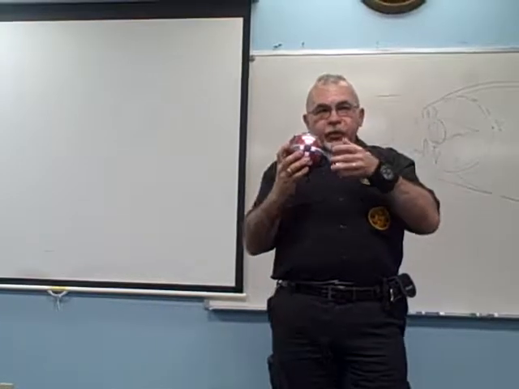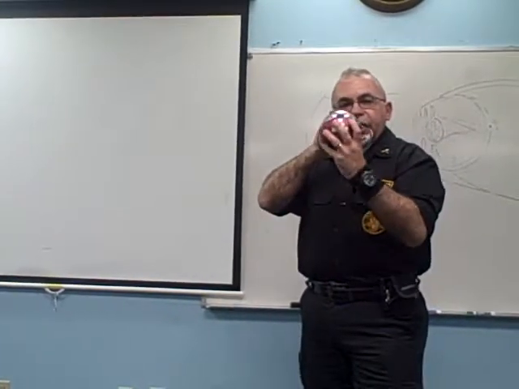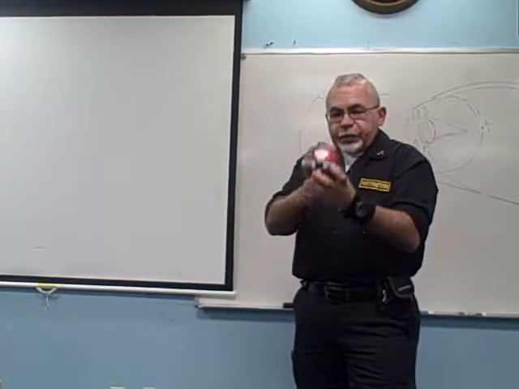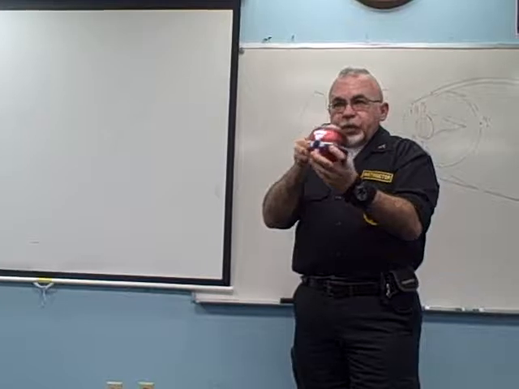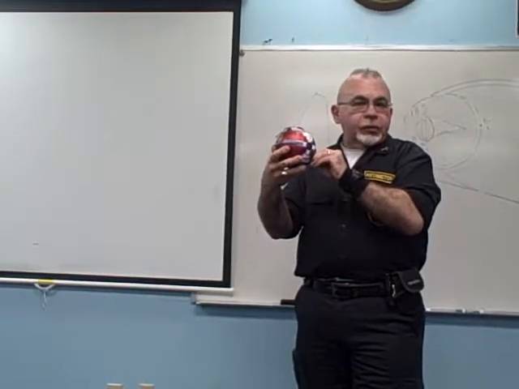Now, they move the eye, of course: superior rectus moving the eye up, inferior rectus moving the eye down, the lateral moving away from the nose, and the medial moving toward the nose.